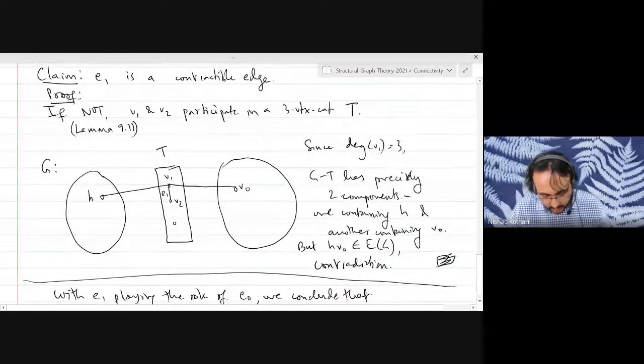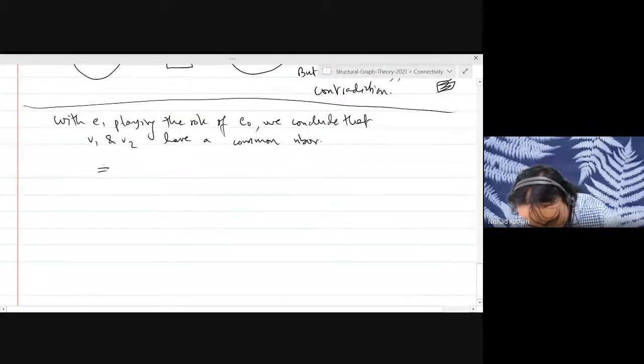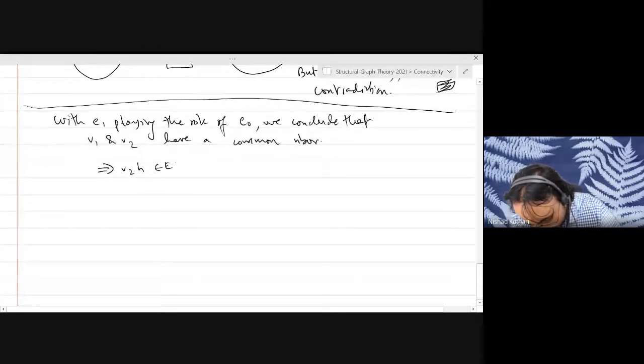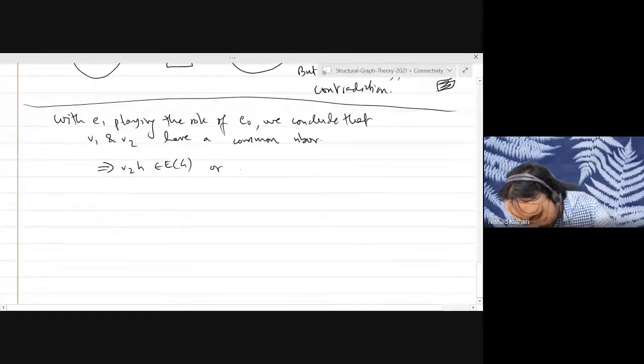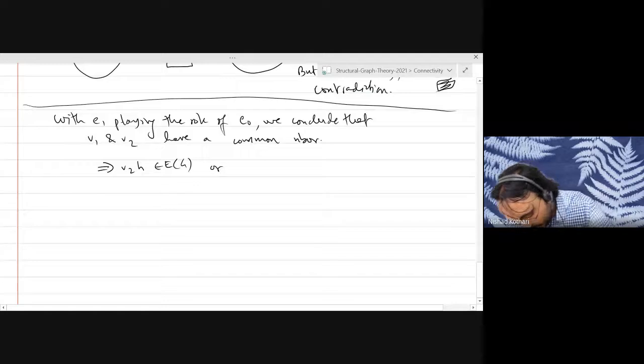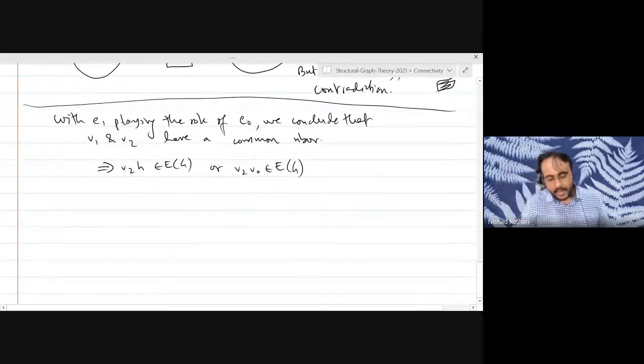Okay, those are the 2 possibilities. This implies that either V2 H is an edge of the graph or V2 V0 is an edge of the graph. At least one of these is true, right?